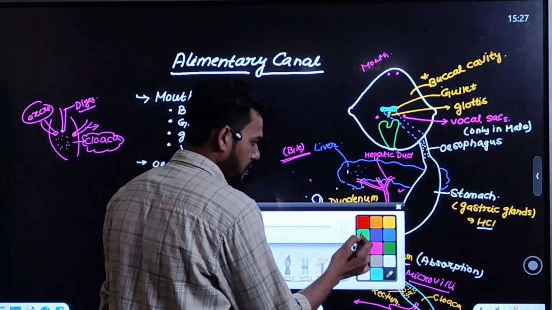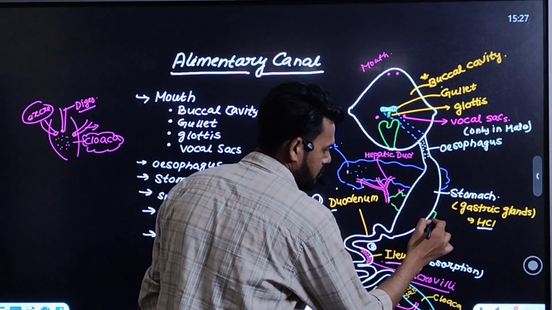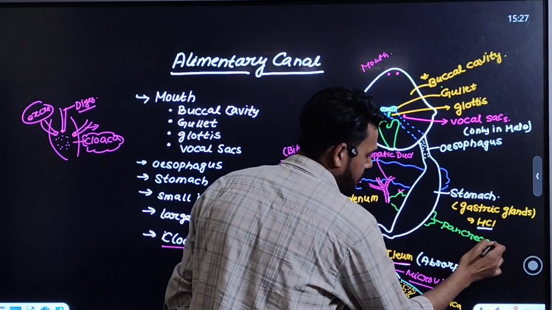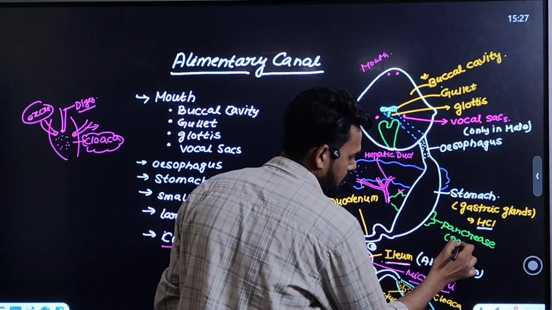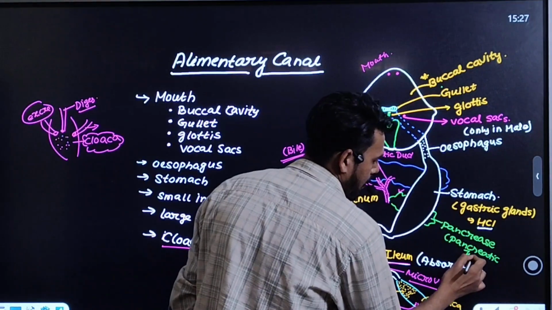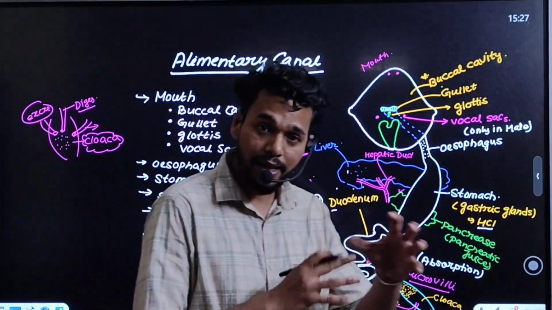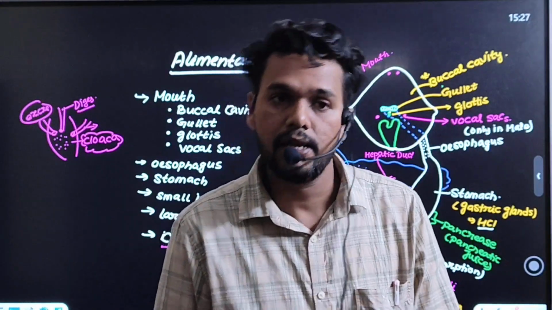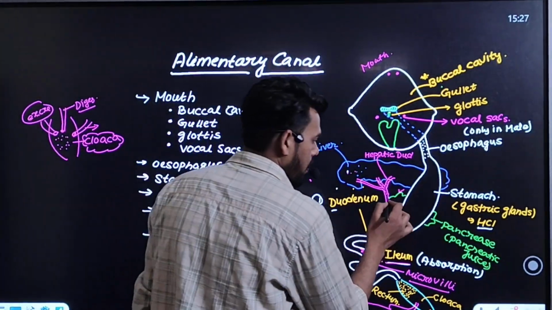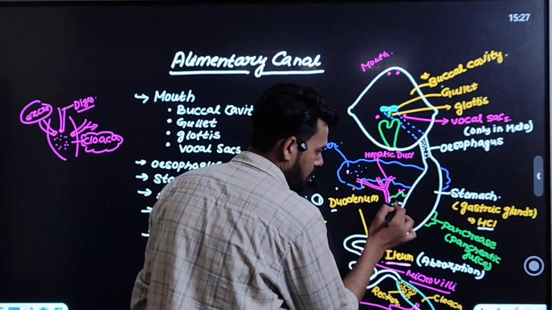There is another gland, a leaf-like gland, which is called the pancreas. The pancreas releases pancreatic juice. Pancreatic juice has various types of digestive enzymes such as pepsin, nucleases, etc. The pancreas releases its product through a duct.